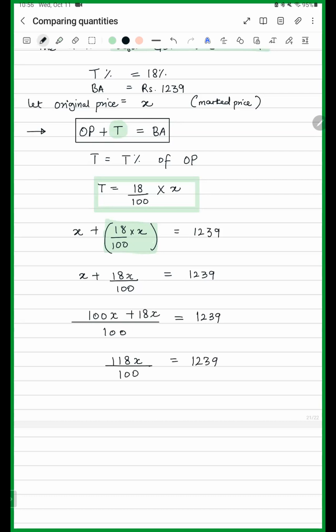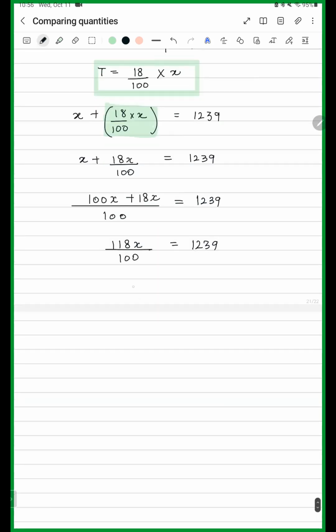Now can we take everything else to the other side? That will be 100 divided by 118. So it will be 1239 into 100 by 118. What is 118 into?